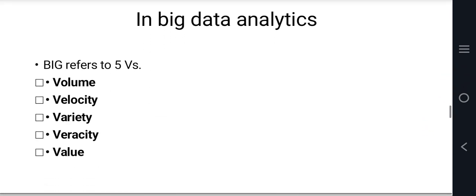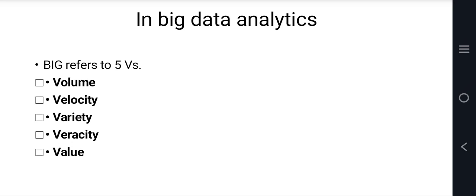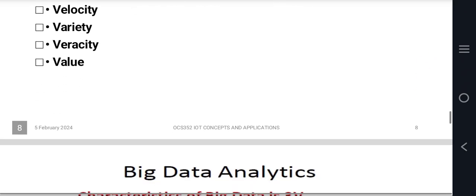In big data analytics, the big refers to 5 V's. The various V's are, the first one is volume, second one is velocity, third one is variety, fourth one is veracity, and the last one is value.